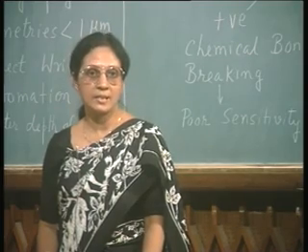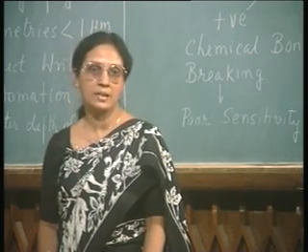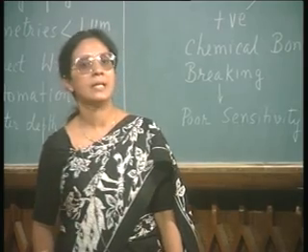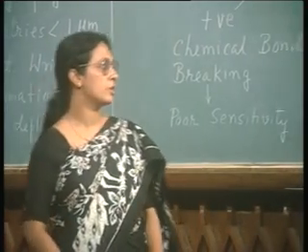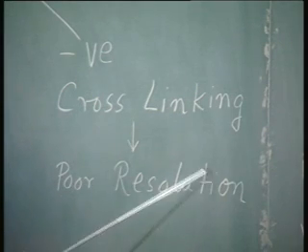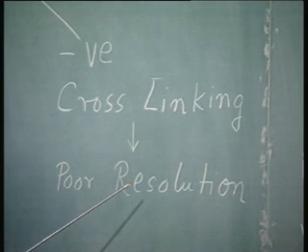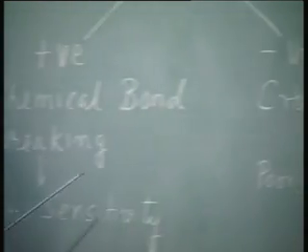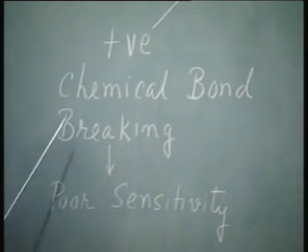On the sides there is a swelling taking place, and therefore, the minimum feature size gets slightly distorted. Therefore, negative E-beam resist is going to offer poor resolution. On the other hand, there is no such problem with positive e-beam resist.